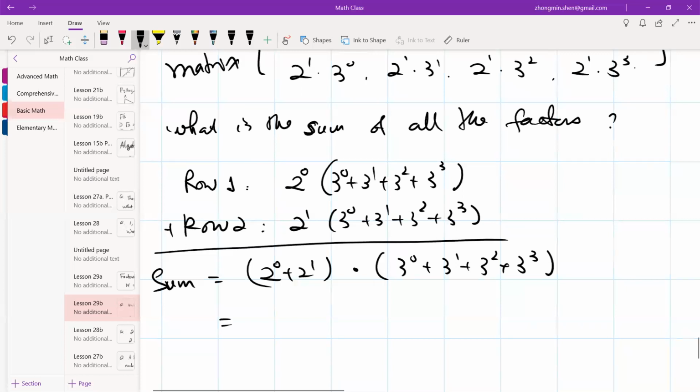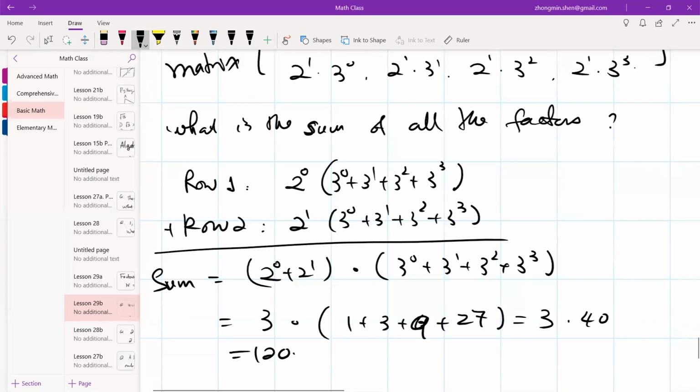And this one is 1 plus 2, which is 3. And here it's 1 plus 3 plus 9 plus 27. So 3 plus 27 is 30. 30 plus 9 plus 1 is 40. So it's going to be 120. No, 2 to the power 0 is not 0, it's 1.